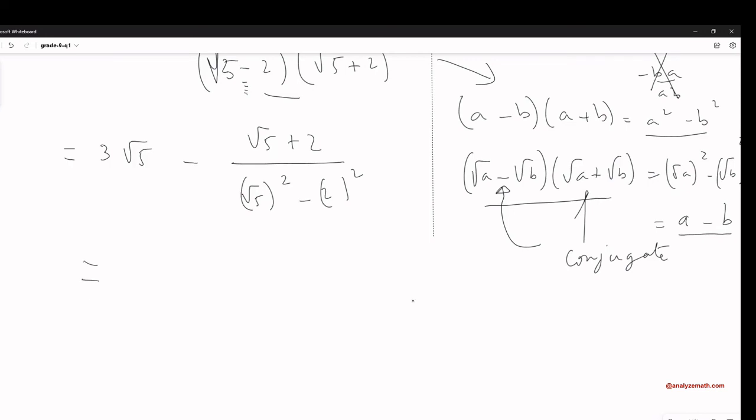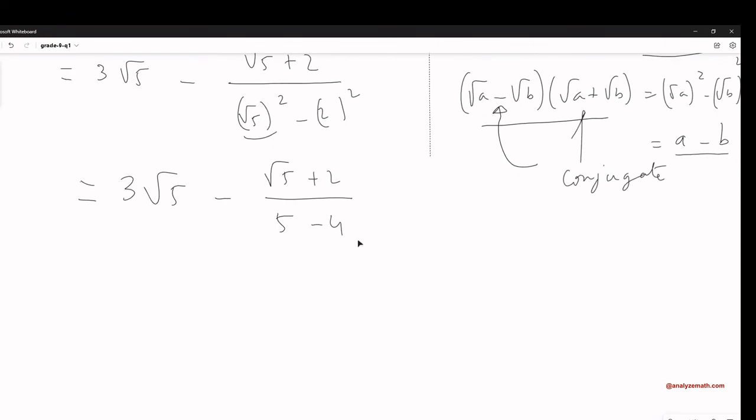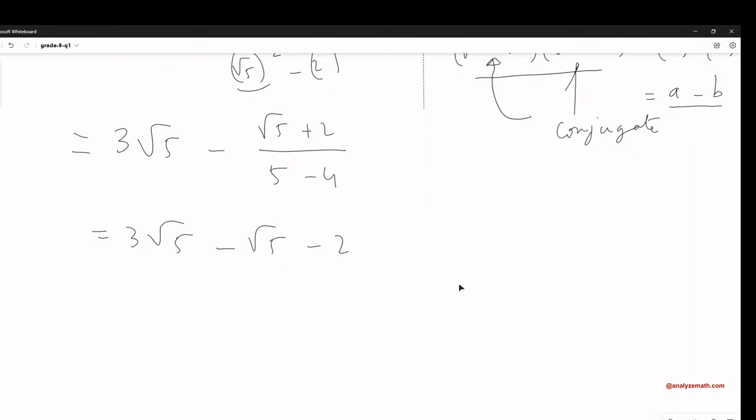So it is equal to 3 square root of 5 minus square root of 5 plus 2 here, and then at the bottom, at the denominator, we're going to have square root of 5 power 2, that gives me 5, and then minus 4, and all this is equal to 1. So 3 square root of 5 minus square root of 5 minus 2. Remember, you distribute the minus, and that gives me 2 square root of 5.